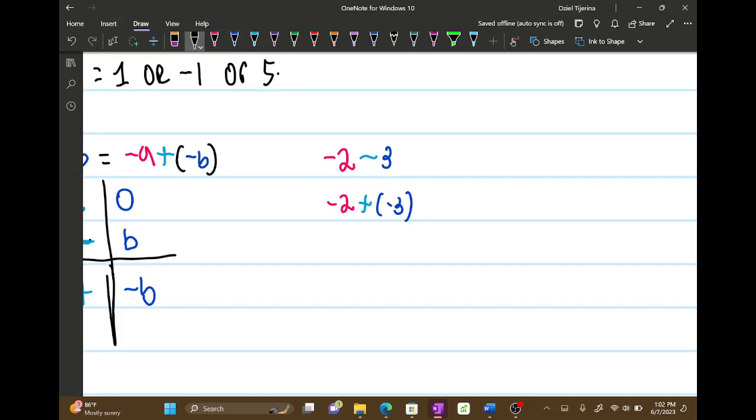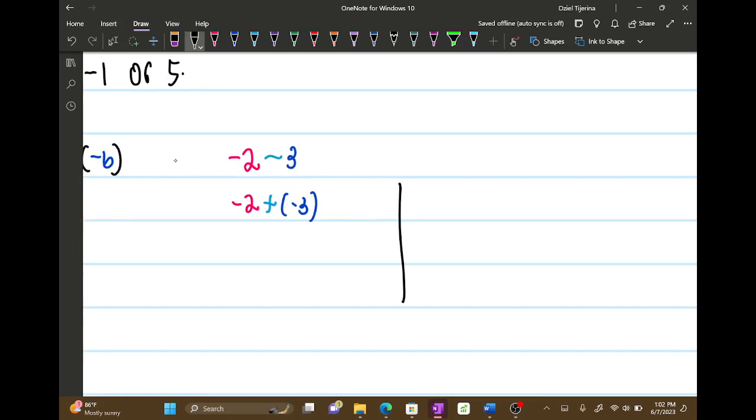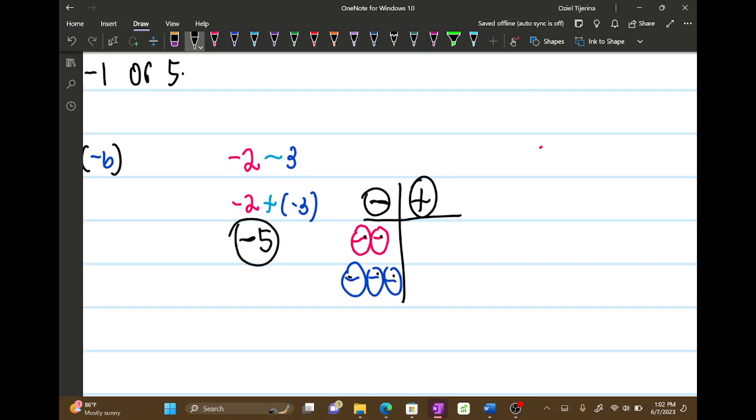So if I do a t-chart, let's say I have two negatives, let's color code here, and then I have 3 other negatives, and I know that I'm adding them together. So how many do I have? Do I have positives or negatives? Well, I'm going to count them: 1, 2, 3, 4, 5. So I have 5 negatives. So that means negative 2 minus 3 is negative 5.